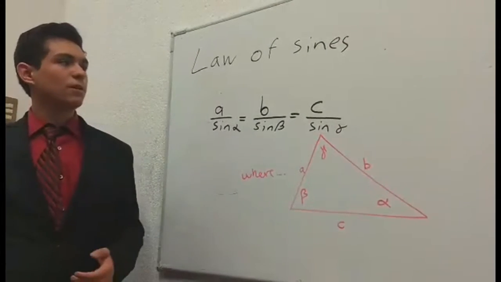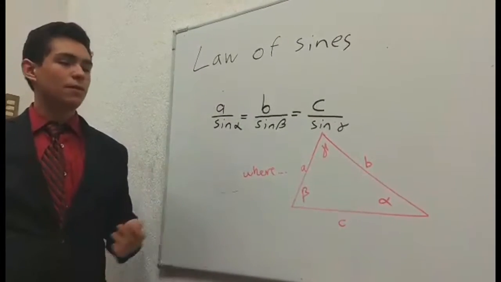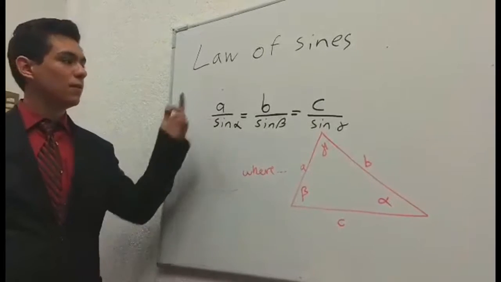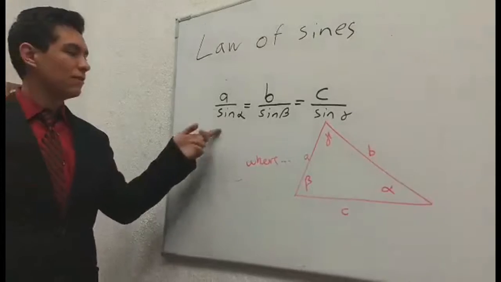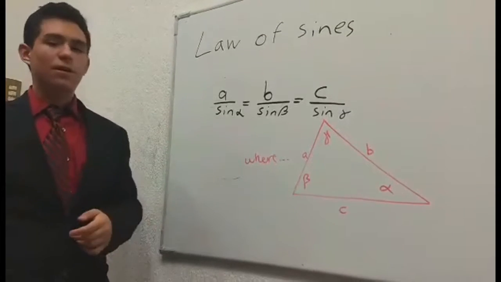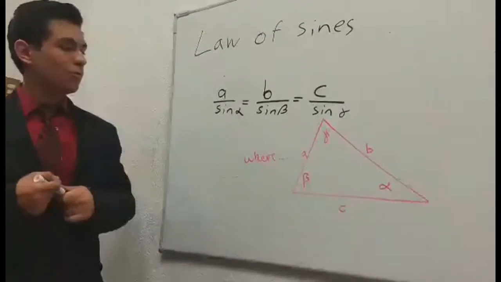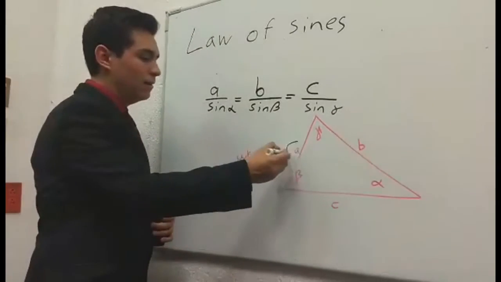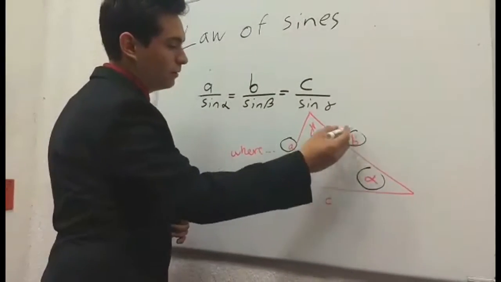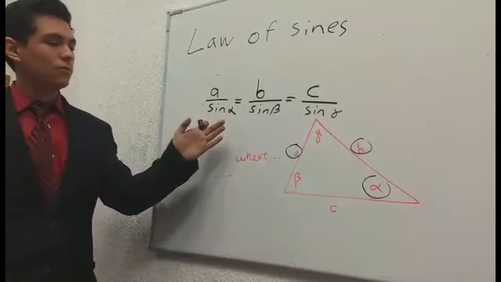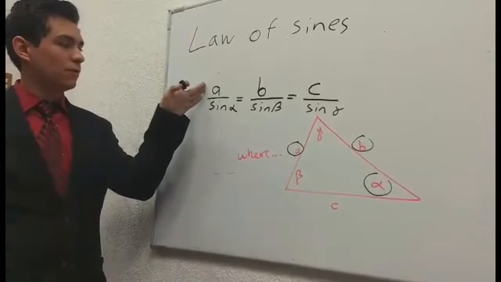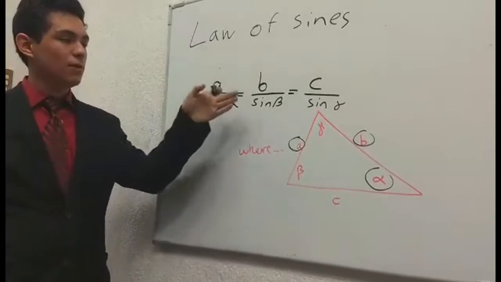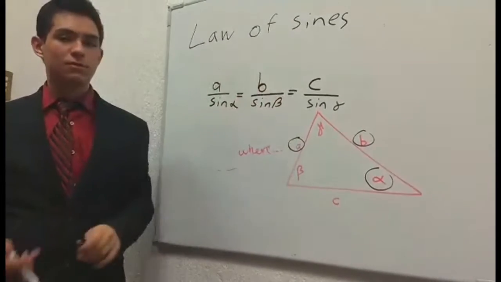The tool that we possess in order to solve trigonometric problems is the law of sines. The law of sines establishes a relationship between the angles and the sides of a triangle. For example, in a triangle we have, for example, A, alpha, and B. If we follow this rule, we can obtain the rest of the data because we possess three values, and we could get the other ones.